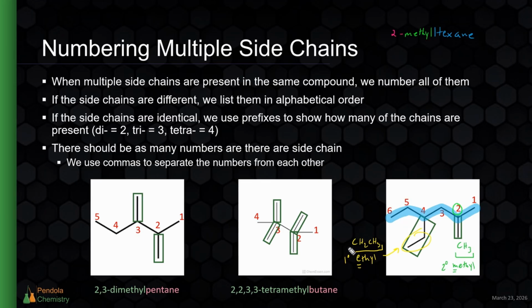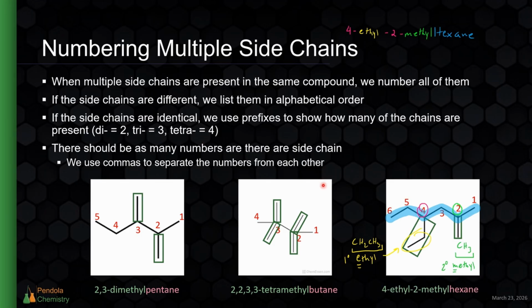But because we also have the ethyl group before that, and again, alphabetical order, we need to put another hyphen because we're going to have words before this number 2. And those words will be ethyl. So this will be ethyl because we have an ethyl side chain. And that ethyl is in carbon 4. So this will be 4-ethyl-2-methyl hexane.